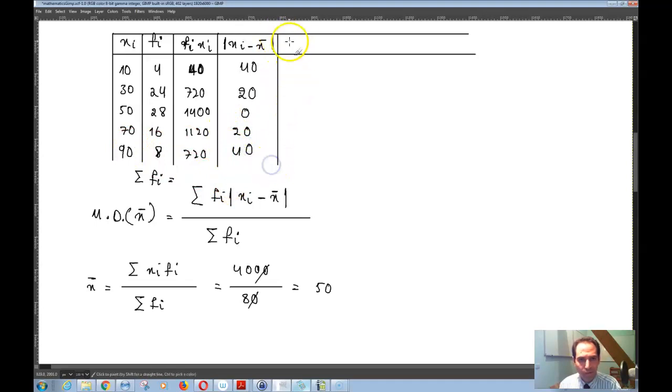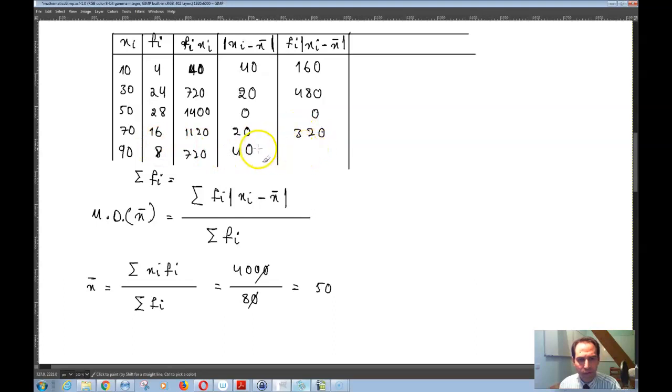And then you have f sub i times the absolute value of x sub i minus x bar, which is 4 times 40 is equal to 160. 24 times 20 is equal to 480. That's 0. That's 320.